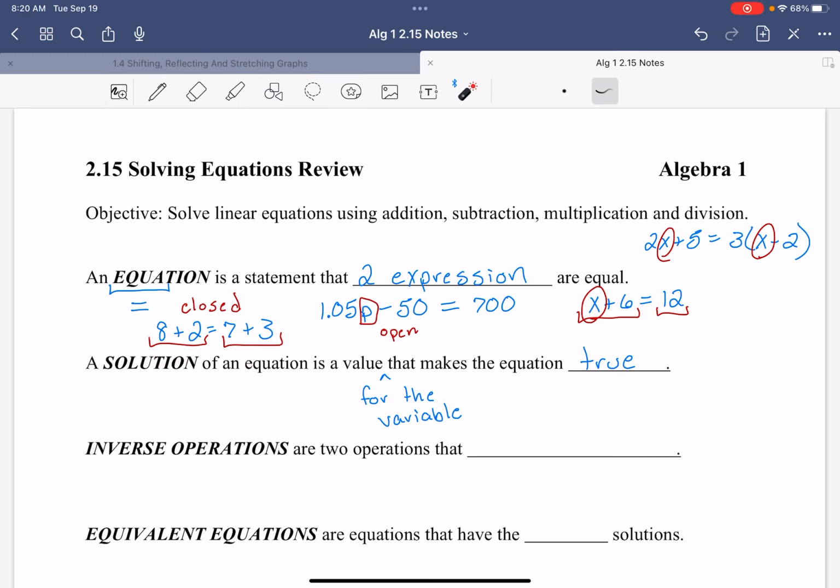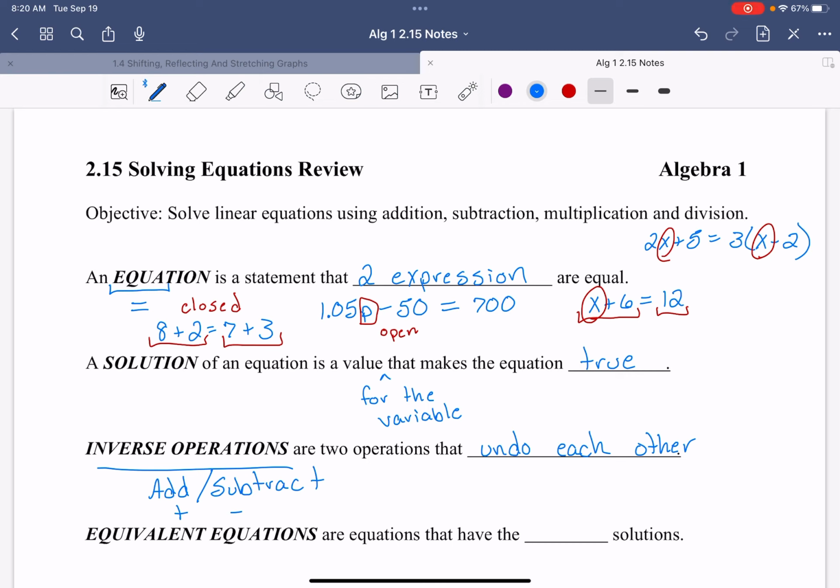Okay, so to find these missing pieces, we're going to use what are called inverse operations. Inverse operations are two operations that undo each other. The two most standard inverse operations are add and subtract. But more so positive and negative.